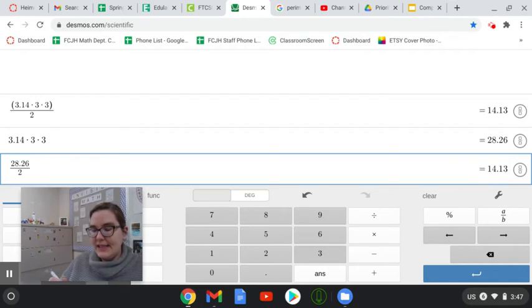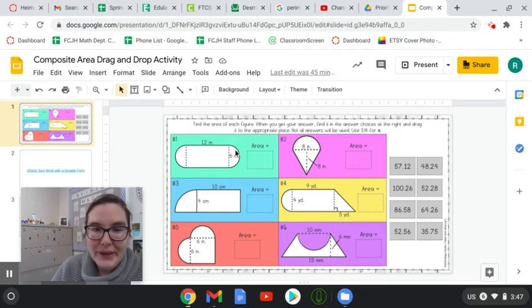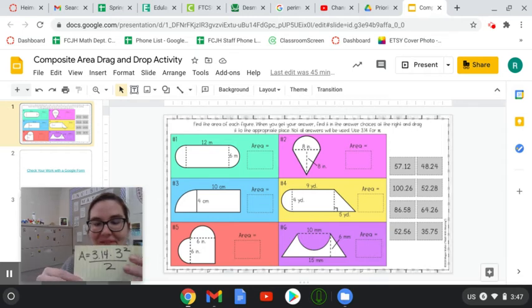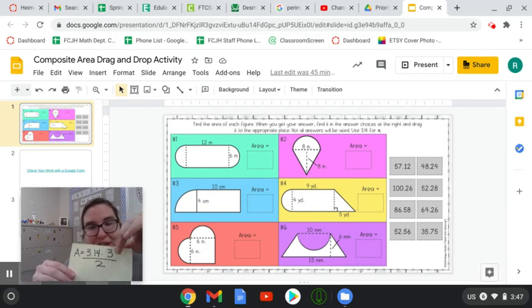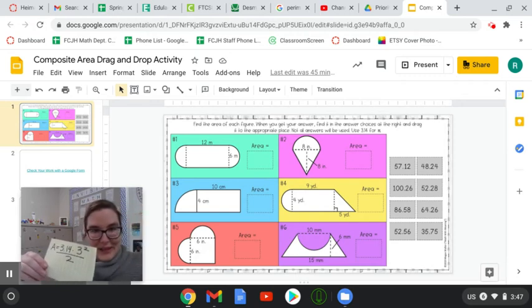Now, wait a second. I have 2 semicircles. When you have 2 semicircles and you put them together, you get a whole circle. It turns out that I didn't really need to divide by 2 for this. Since I have 2, I could have just figured out the area for a full circle and known that it had been split apart.